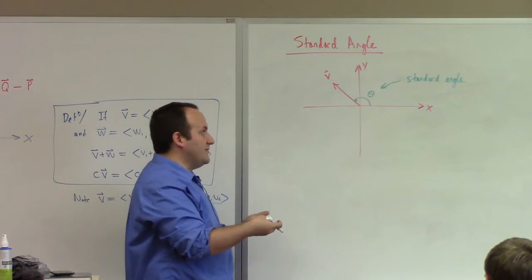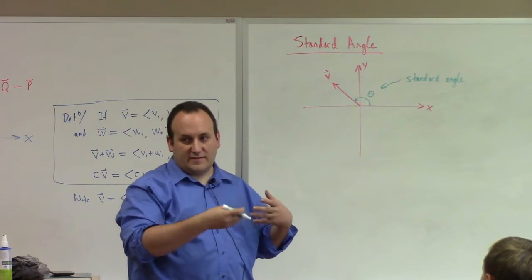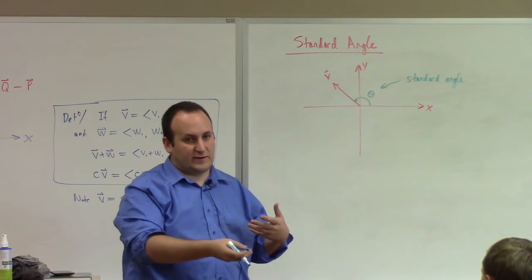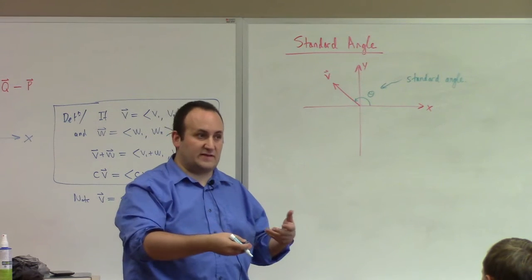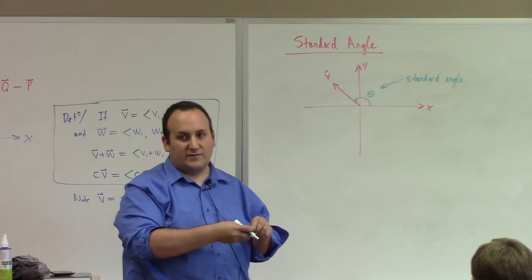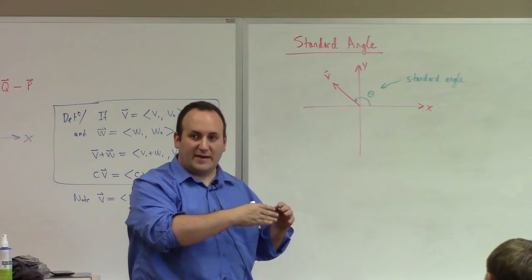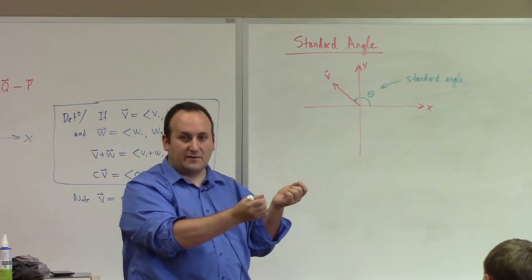And you just got to be aware of the fact that there's a degeneracy here. Like 0 degrees is the same as 360. It's the same as 720. It's the same as minus 360. 45 degrees is the same as 405 degrees. You can always add or subtract multiples of 360 from any angle, and you'll have the same geometric angle.